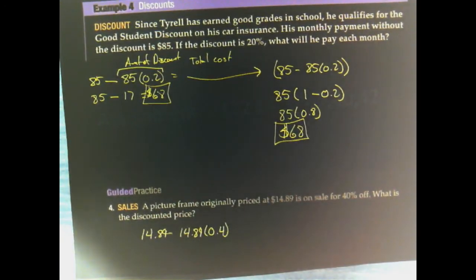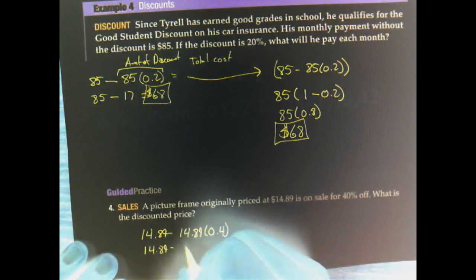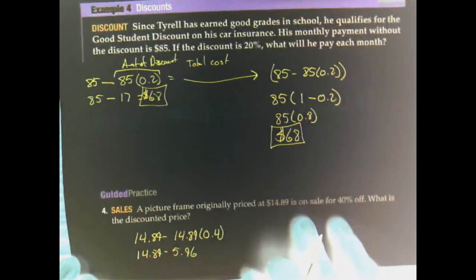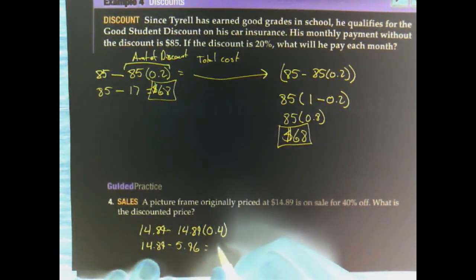Okay, we take 14.89 times 0.4, and we see that the amount of our discount is $5.96 rounded. Okay, so I take 14.89 minus 5.96, and I get $8.93.